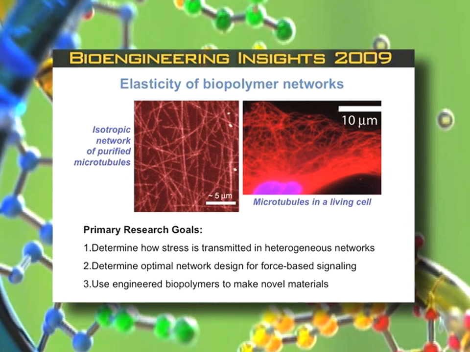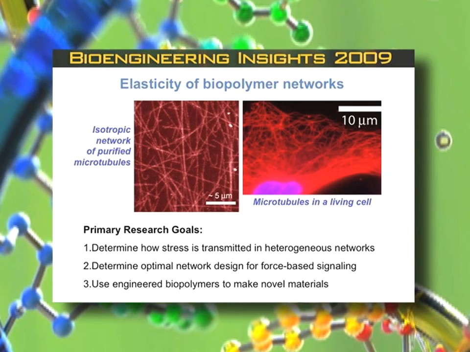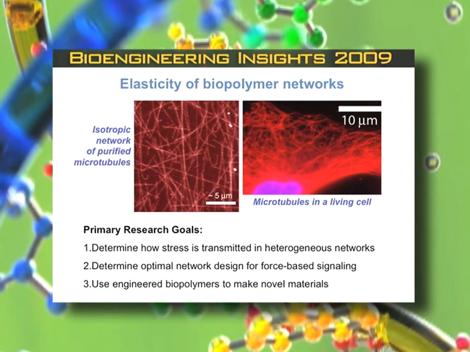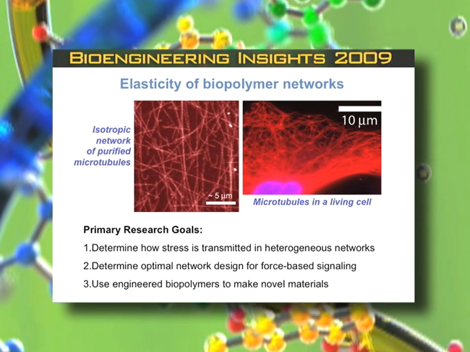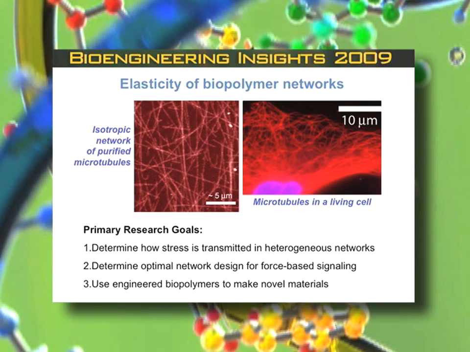In addition to looking at single microtubules, we're also interested in looking at networks. One of the main driving hypotheses behind this work is trying to understand how force gradients and strain gradients may influence regulation and biological processes in the same way that chemical gradients do.